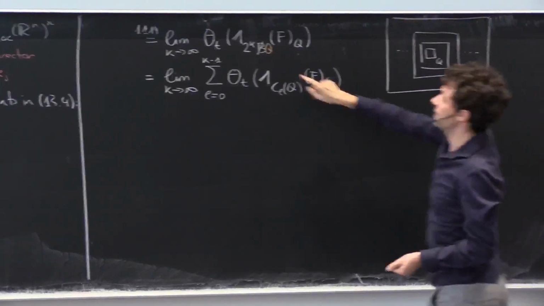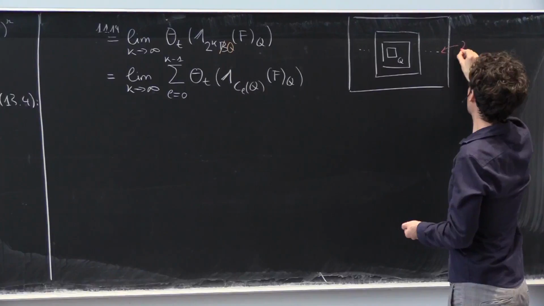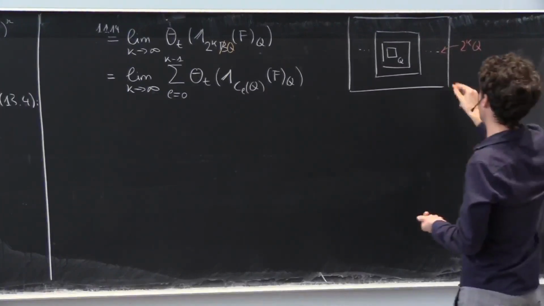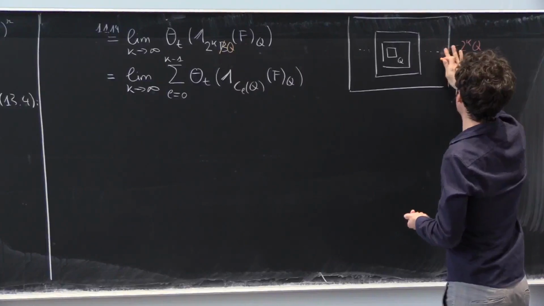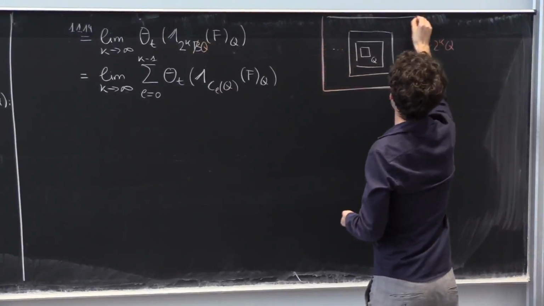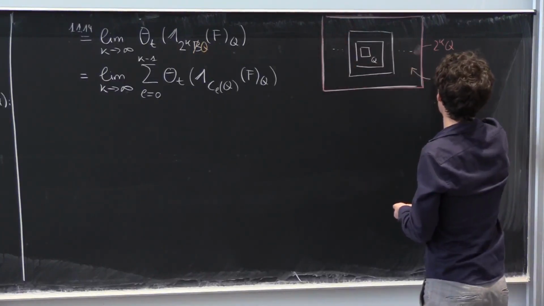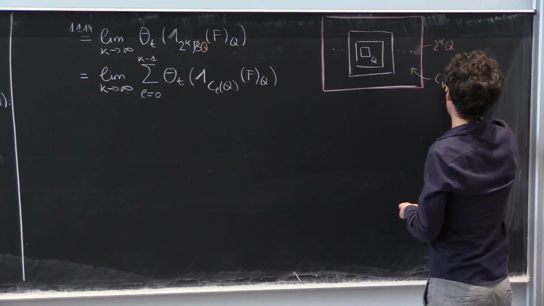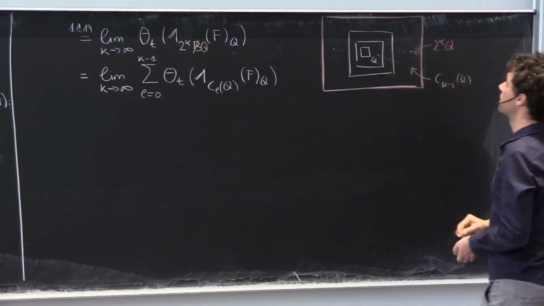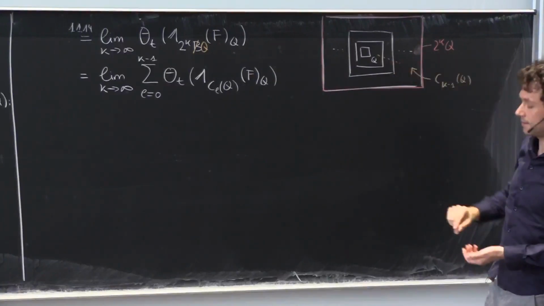So instead of taking the indicator function on this huge cube, which is 2 to the k q, you have these annuli stacked. The whole thing is 2 to the k q. And then this first annulus here, this is C_{k-1} of q, and then these annuli become smaller, and in the middle there's q.